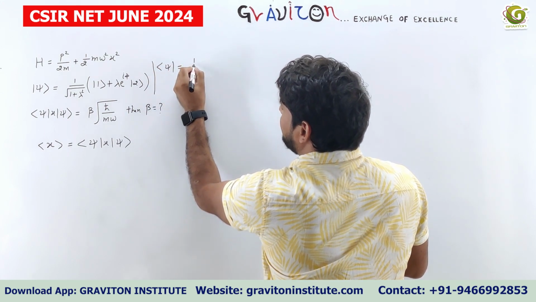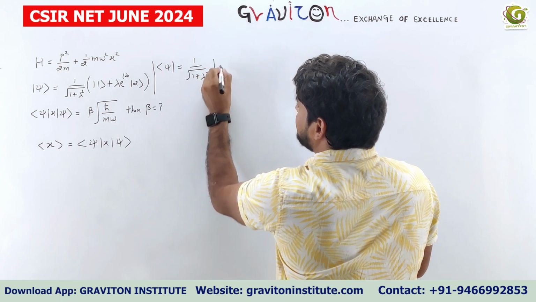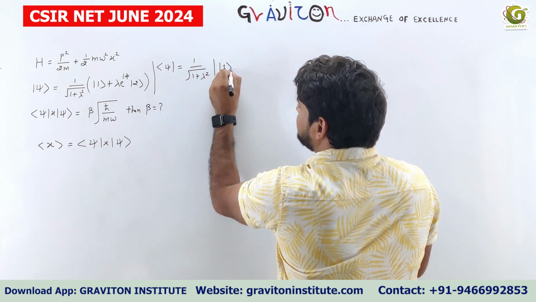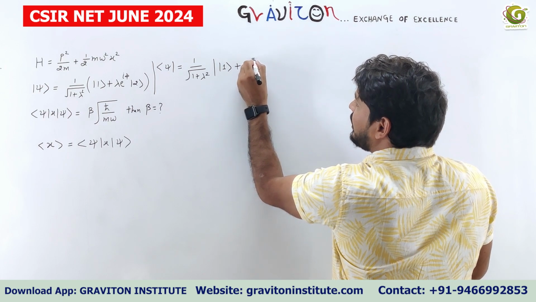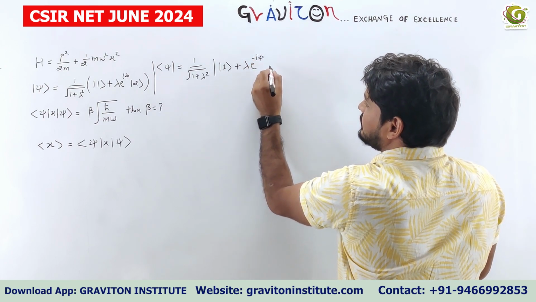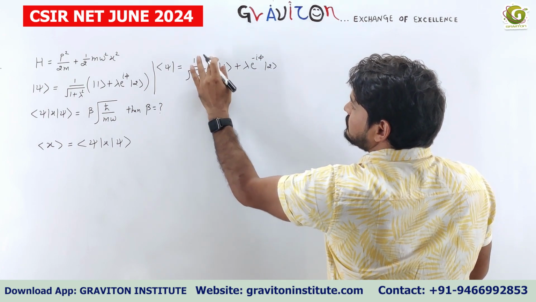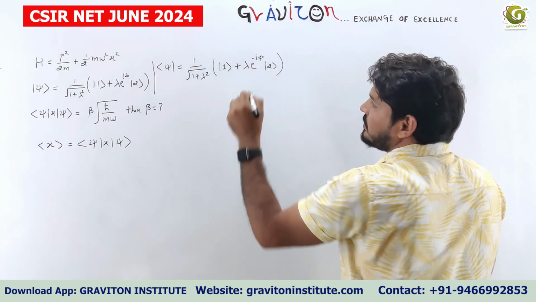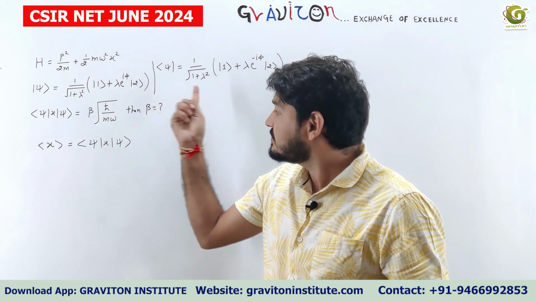This is nothing but 1 over under root 1 plus lambda square, state 1 plus lambda e to the power iota phi state 2. Now this will become e to the power minus iota phi, and this is state 2. Now we can easily put these two values in this one.